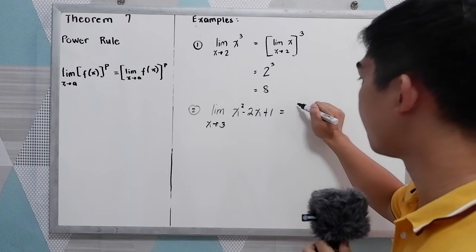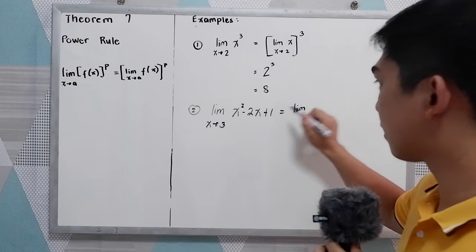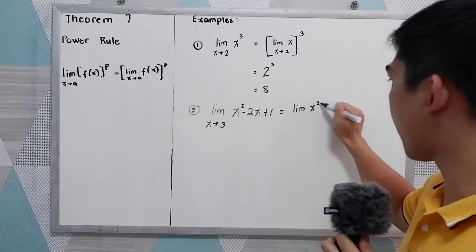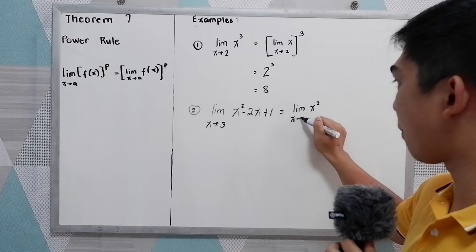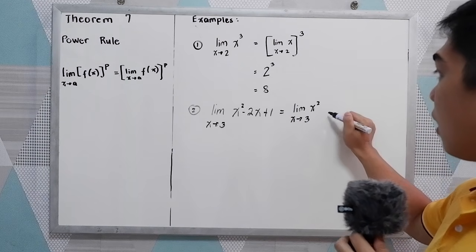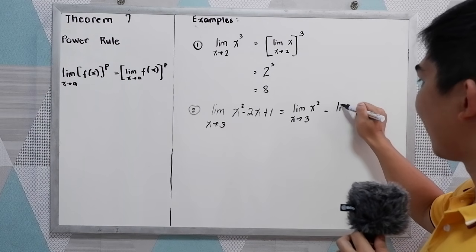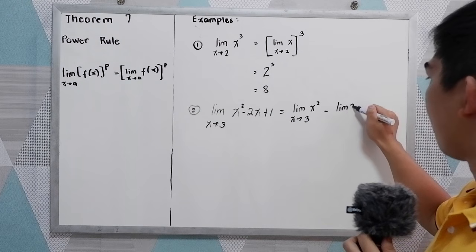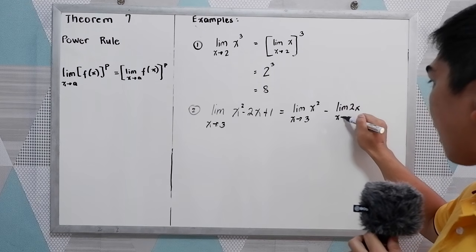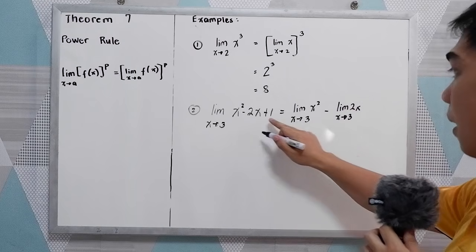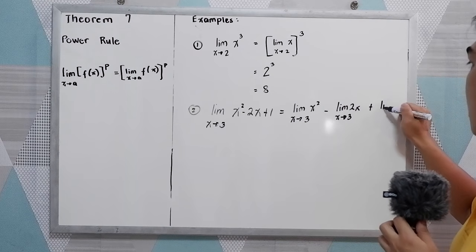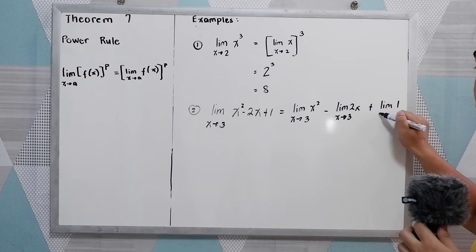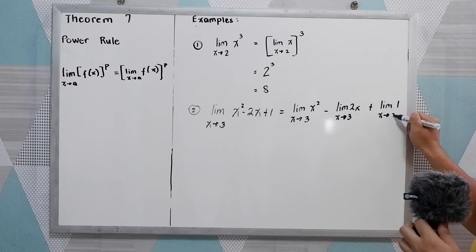So that is equal to the limit of x squared as x approaches 3 minus the limit of 2x as x approaches 3 plus the limit of 1 as x approaches 3.